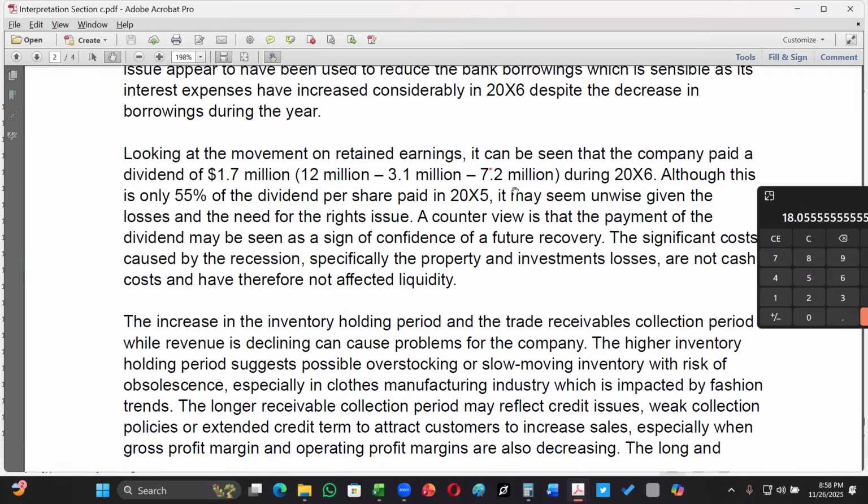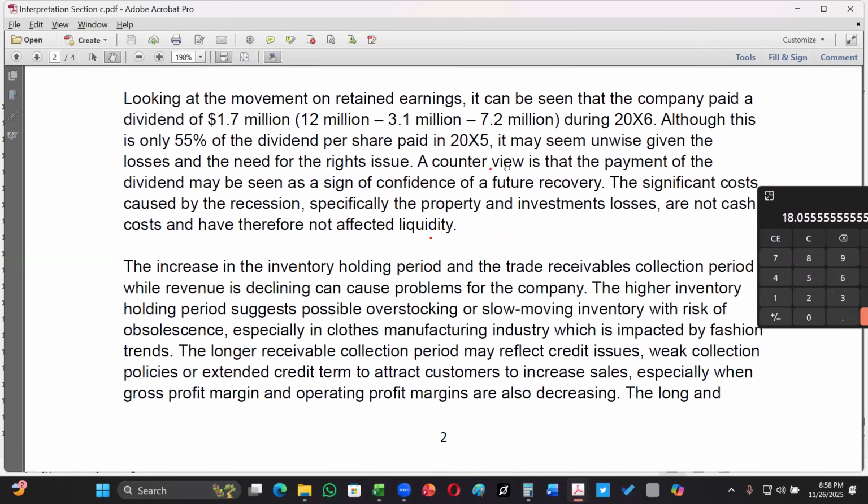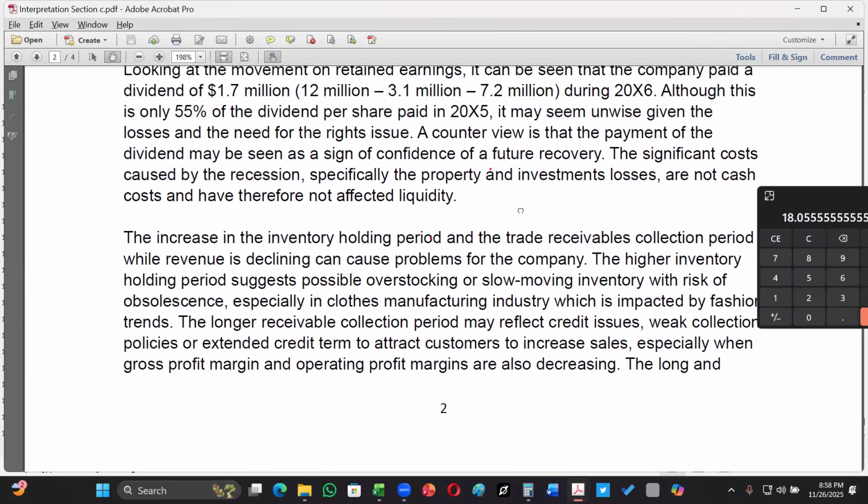Moving on to the next thing, we have the retained earnings and the dividend. They say that the dividend is 45% less, which means that we are still paying 55% dividend, which might not look good considering the situation. But at the same time, this must have supported the full subscription of the rights issue and the improvement of the cash flow.